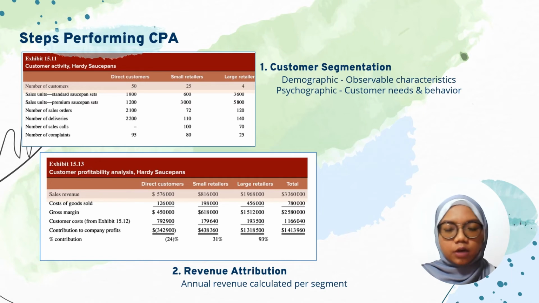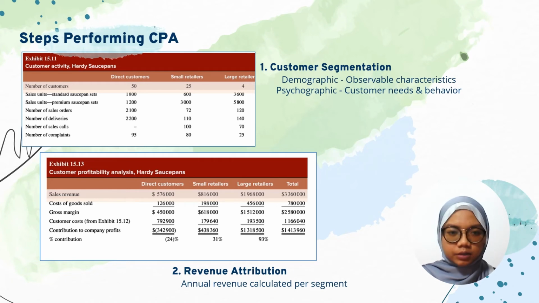The second step is, after the company has identified the segmentation, the company needs to attribute the revenue to each customer segment. It must also take into consideration the service fees paid by the customer, any discounts being offered, or any enhancement fee. This is to identify the true amount of revenue generated by each of the customers.